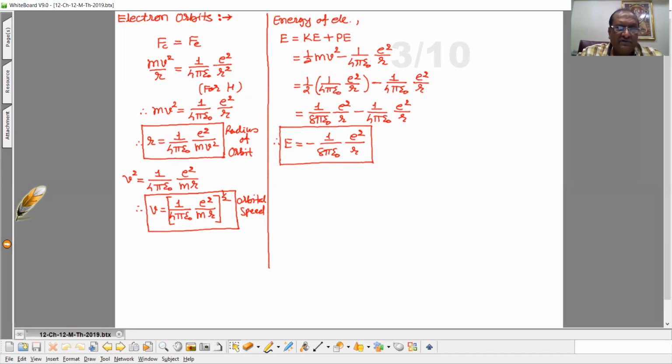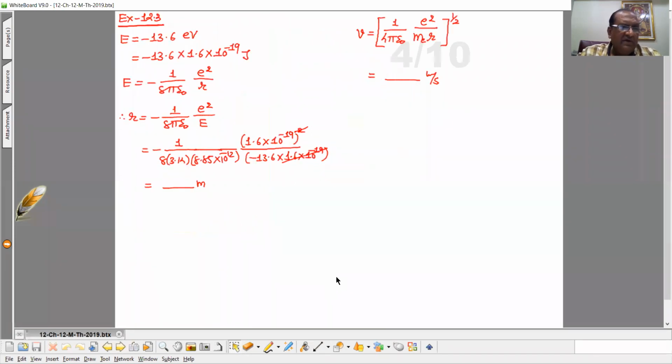Then, example 12.3. It is found experimentally that 13.6 electron volt energy is required to separate a hydrogen atom into a proton and an electron.